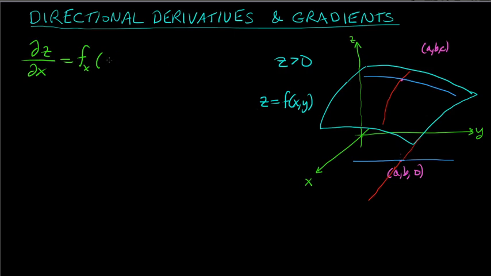So if we plug in the particular point a, b here, then the partial derivative will be the slope of this line here in the x direction. It looks like it's sloping downward, so it could be negative. That could be a perspective issue. So the slope of this green line here is the partial derivative of f with respect to x.